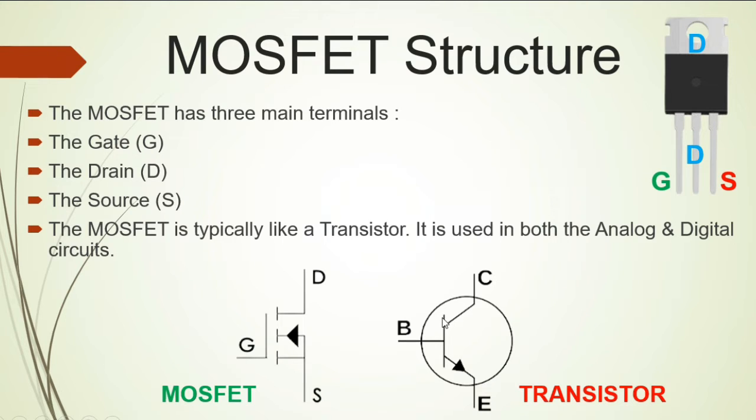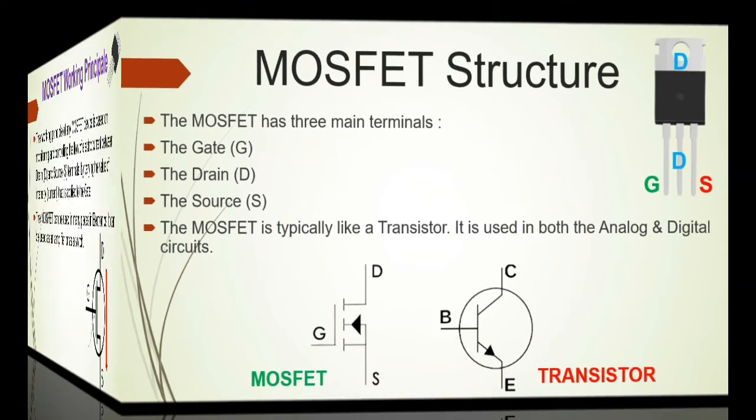So this is just one way to determine if the transistor and the MOSFET are PNP or NPN, but we can also determine the type of MOSFET or transistor using the multimeter. We'll see all this in the next classes.